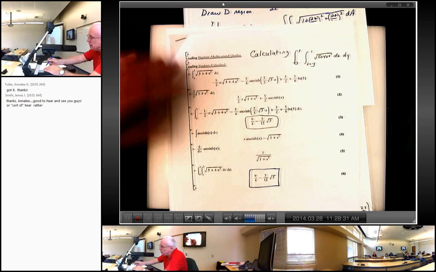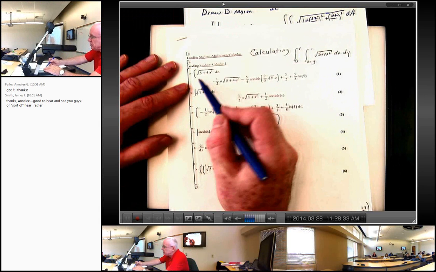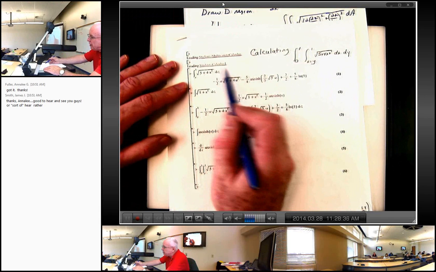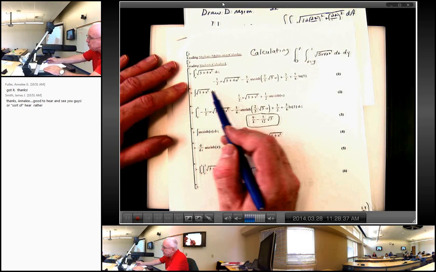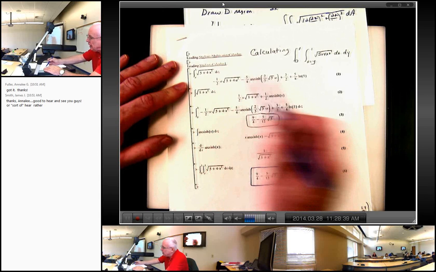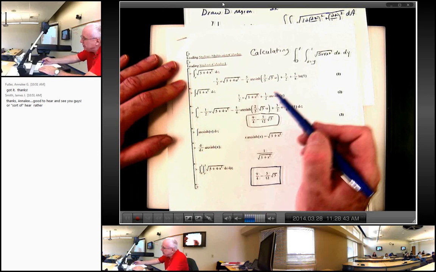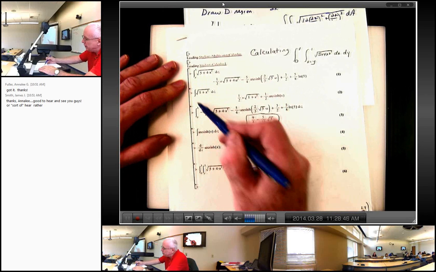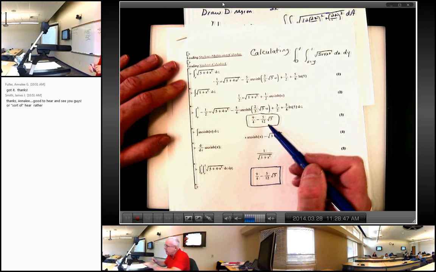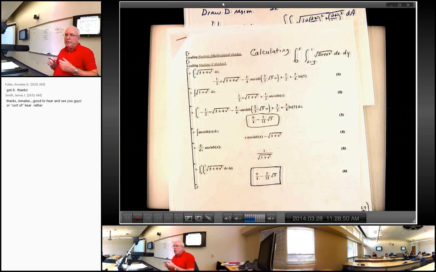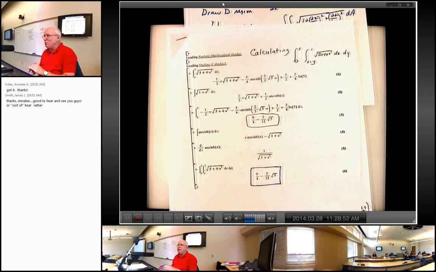You can get this antiderivative of 5 plus 4x squared, and this is what it gives you, and I was evaluating it from a to 1, and then I plugged this in from 0 to 1, and I got my answer.